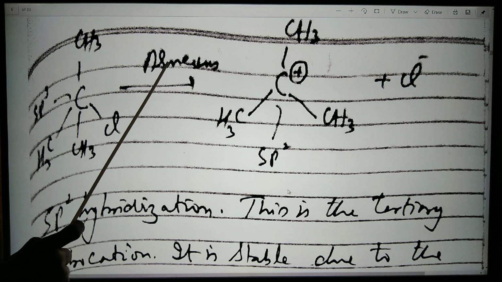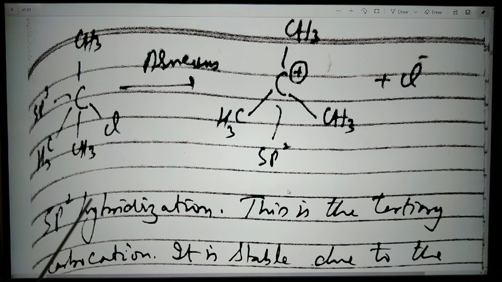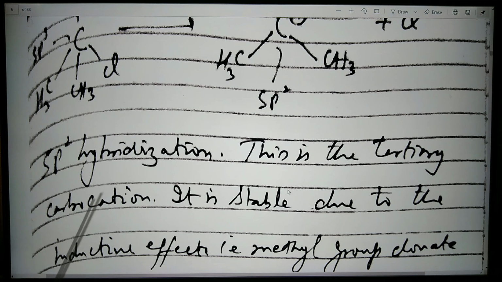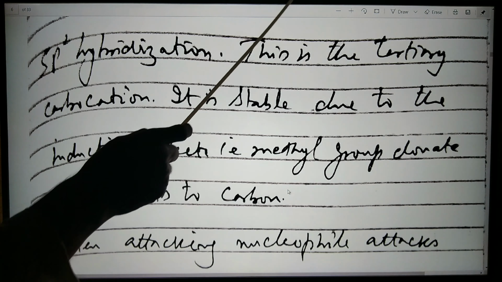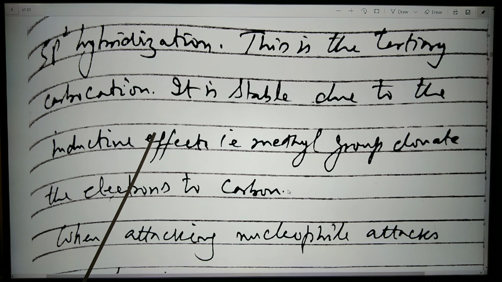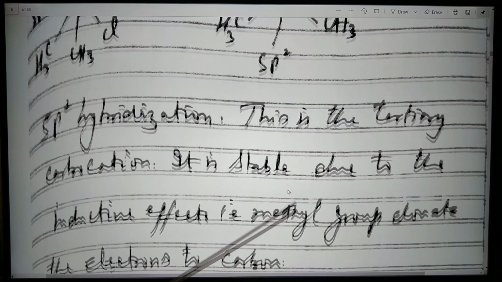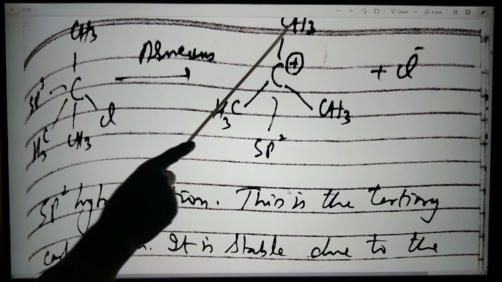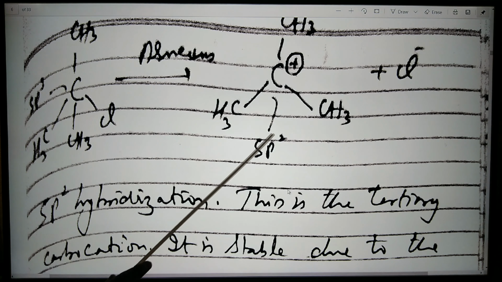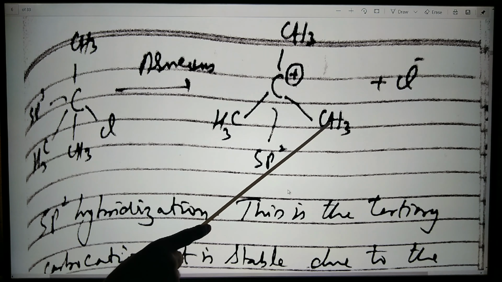The medium is aqueous. Now this is a tertiary carbocation. Why is it called tertiary? Because in this case we have three methyl groups, 1, 2 and 3. If we have two methyl groups, it is called secondary.